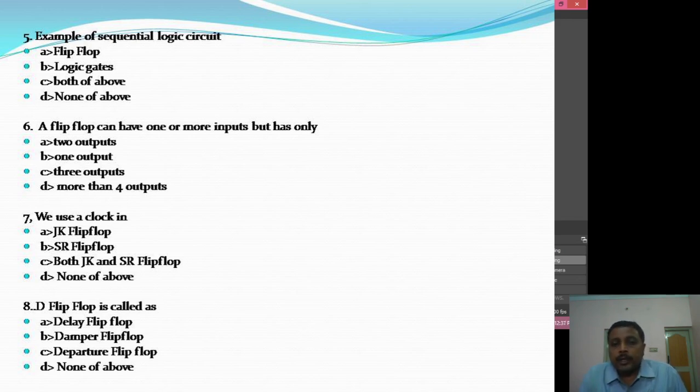So the clock is used in the JK flip-flop. Eighth question: D flip-flop is called a delay flip-flop, damper flip-flop, departure flip-flop, none of the above. D flip-flop is nothing but a delay flip-flop, as I have explained in my previous slides. The answer is A.